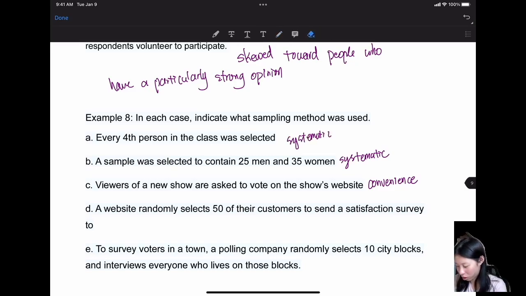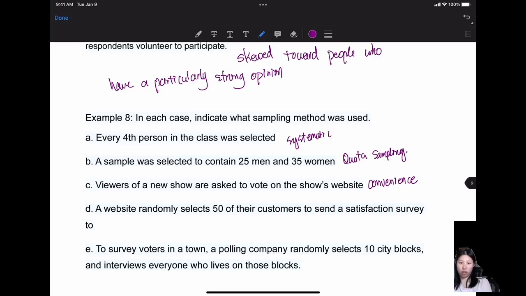B, a sample was selected to contain 25 men and 35 women. I think this should be classified as what? Quota sampling. Because once you meet 25 men, then you stop surveying any men.